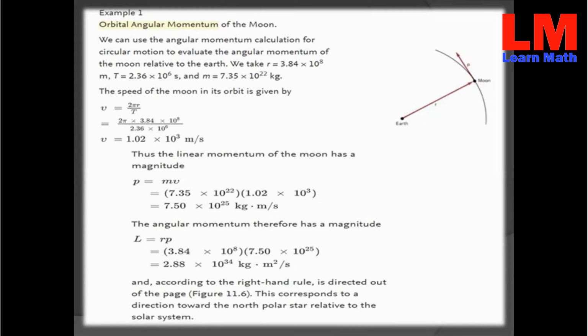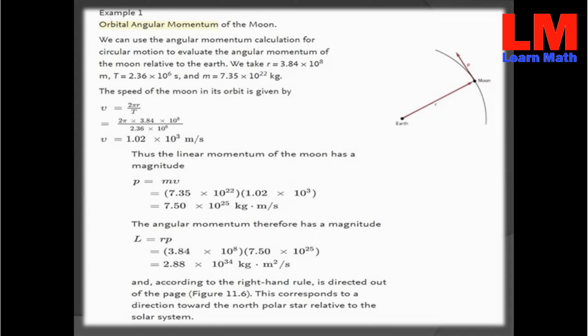We can find the speed of the moon in its orbit by v is equal to 2 pi r over T. First we find the speed of the moon, and then the linear momentum of the moon, which has a magnitude p is equal to mv, and we get 7.50 times 10 raised to power 25 kg meter per second.